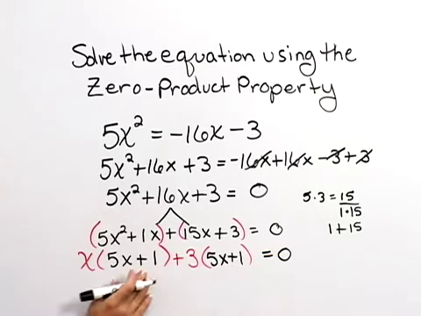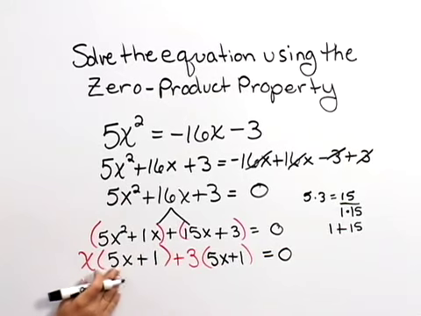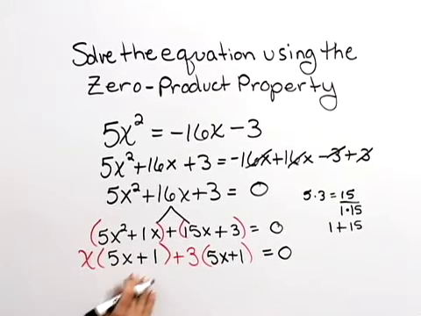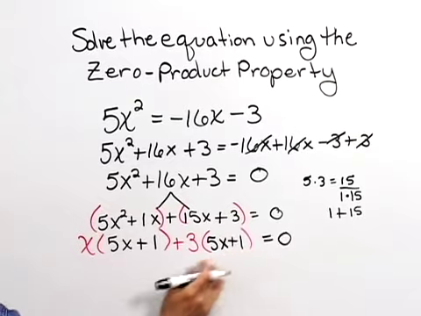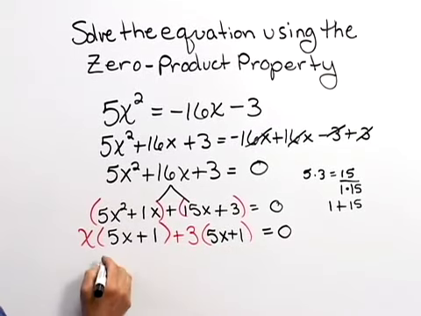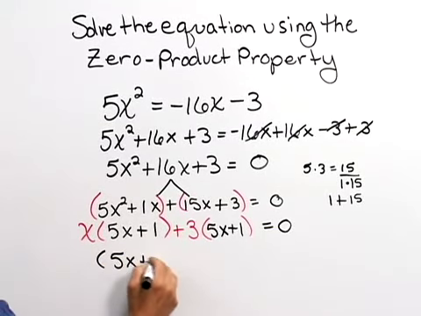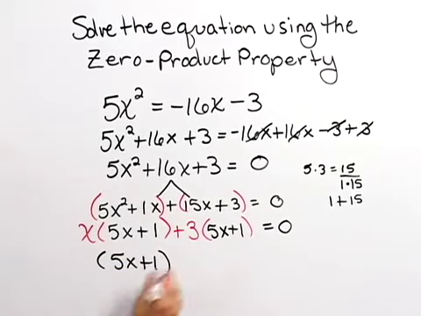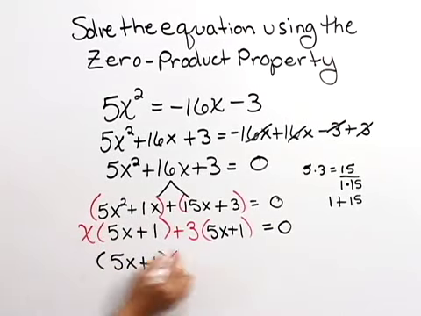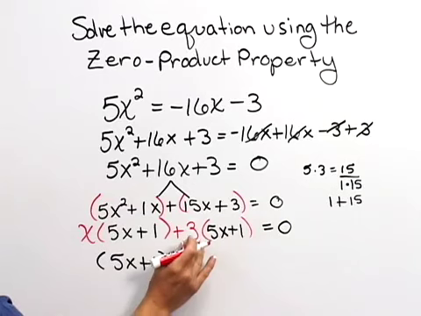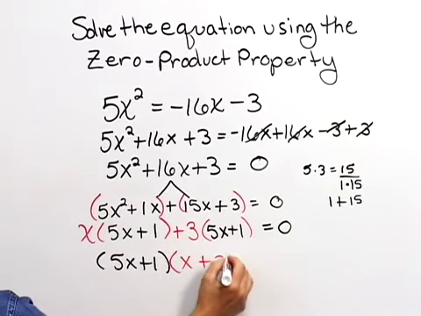Notice that the parentheses here and here both match. So that means we can factor a 5x plus 1 out of this first term and a 5x plus 1 out of this second term to get 5x plus 1 times, when you remove it here, you're left with an x, and when you factor it out of there, you're left with a 3.